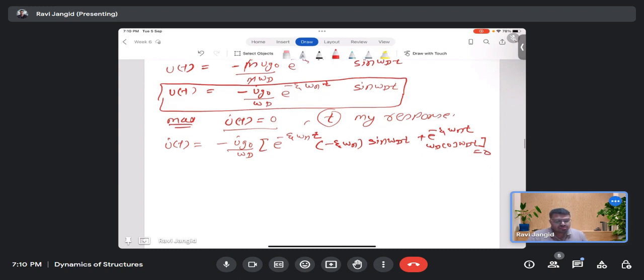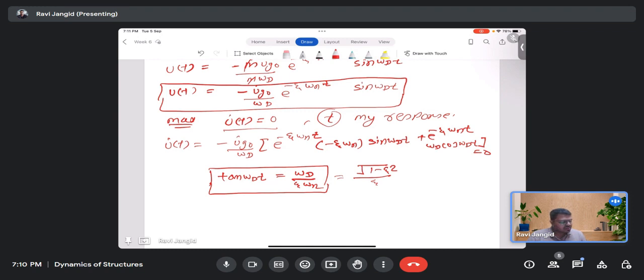I do it 0, I'm getting tan omega_d t is equal to omega_d by xi omega_n, or I can write it as square root of 1 minus xi square over xi.